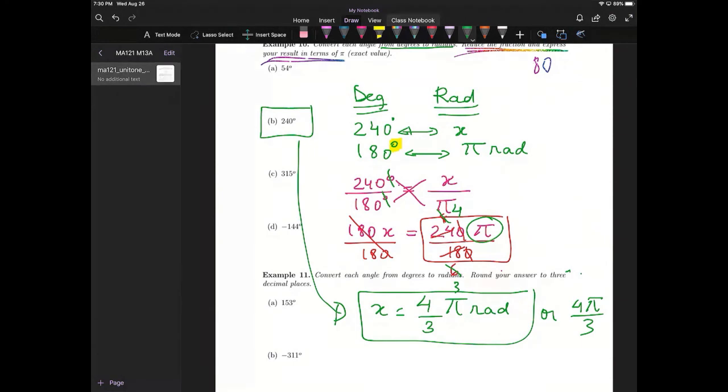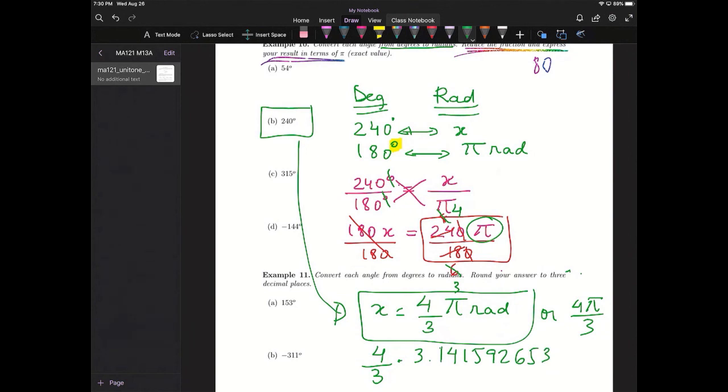But if the problem says, hey, now you're going to approximate this to 4 decimal places, you take your calculator, either online or a real calculator. I'm going to do the 4 divided by 3 times the number pi, which my calculator says, if I use more decimal places, is 3.14159265.